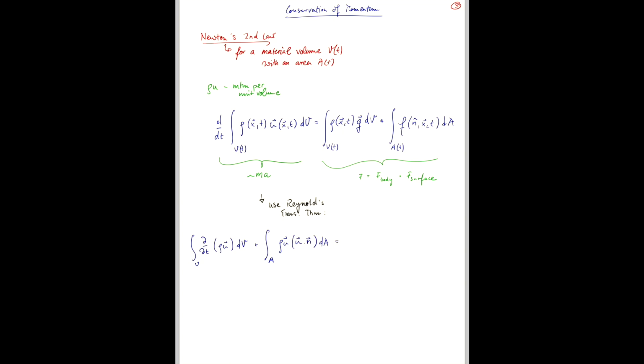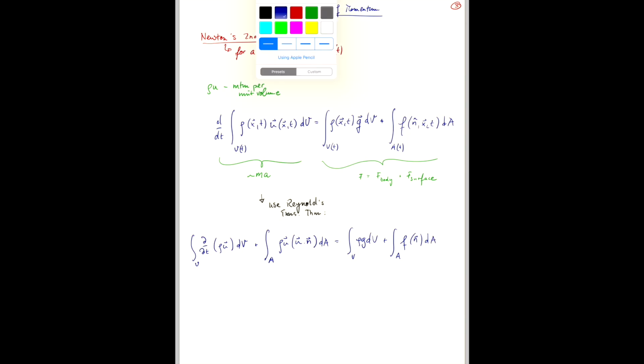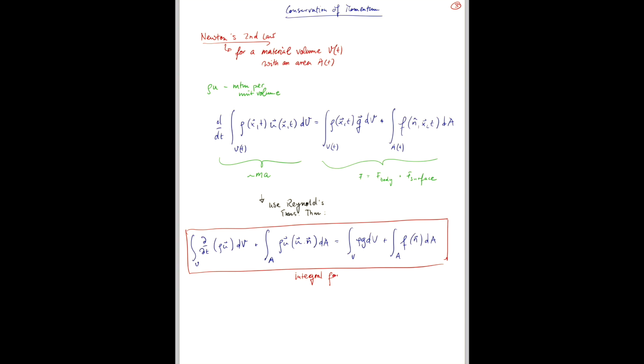And that has to be equal to the force integrals, which is the integral over V of rho g dV plus the integral over A of F_n dA. And this really is the integral form of the momentum balance for a material volume.